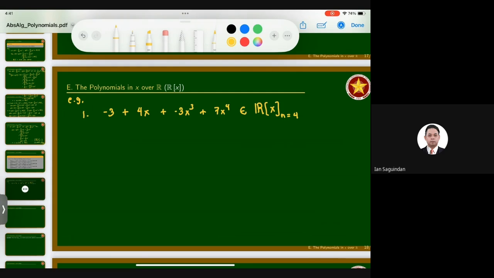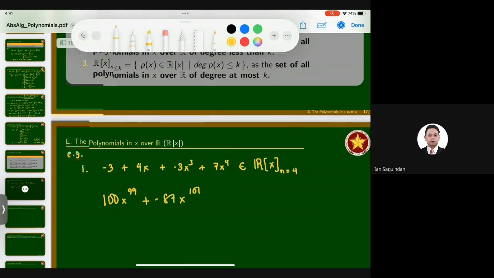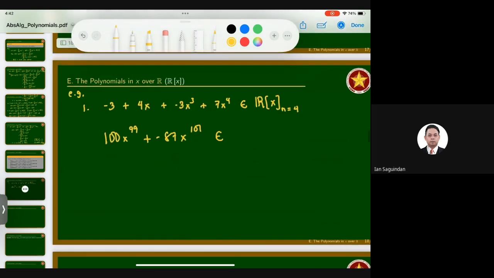Okay? Another, say 100x to the 99 plus the negative of 87x to the 101, and it will end, and let's say it's just a binomial presented in this way. So we are saying that this is a polynomial of degree 101. Okay?